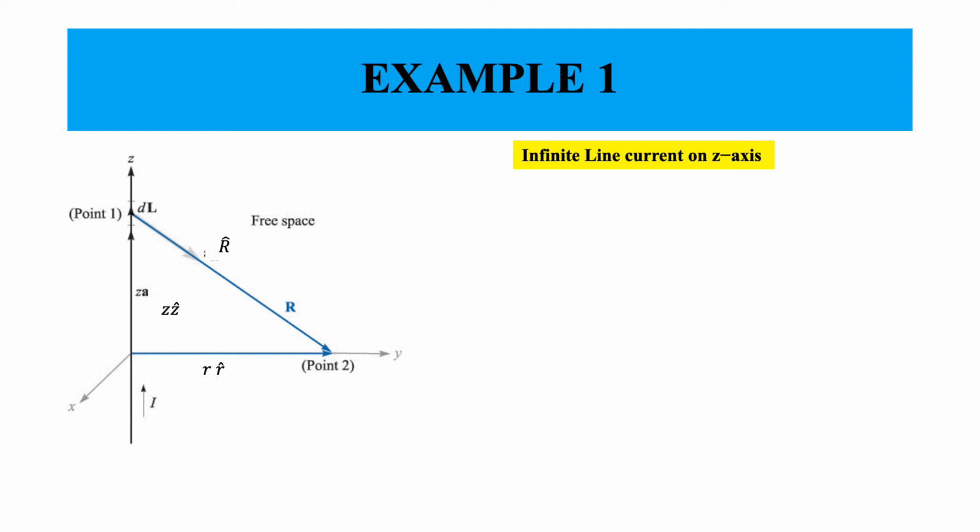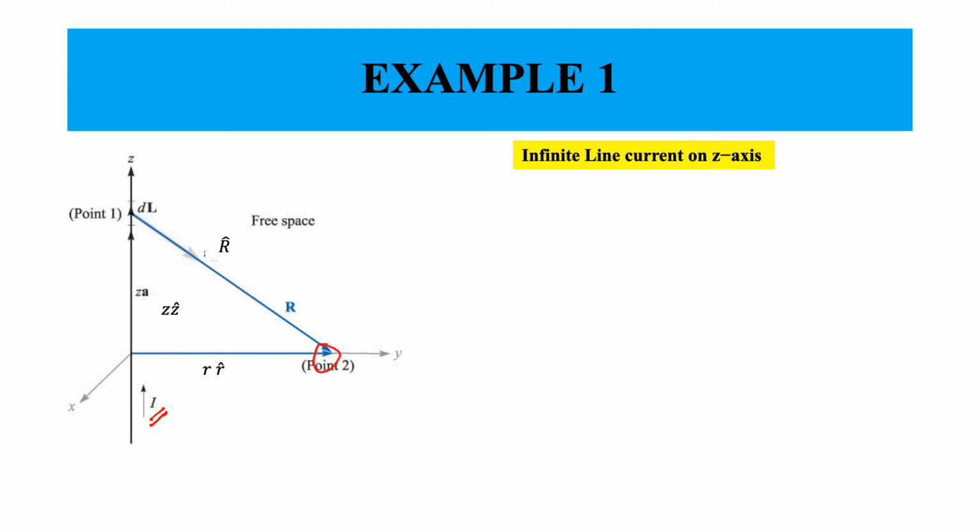So we are going to find out what would be the magnetic field because of this infinite line current. The wire is carrying current I along the z-axis, and we need to find out the magnetic field at some other point over here.